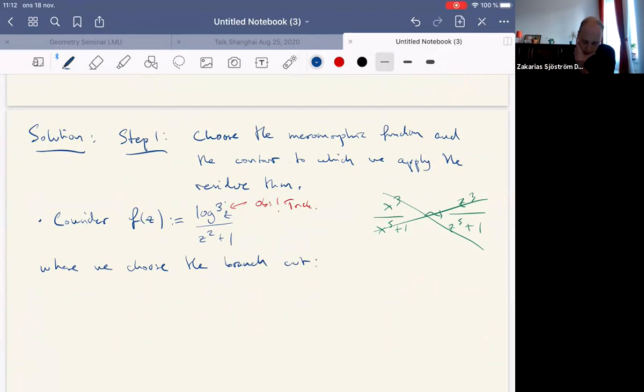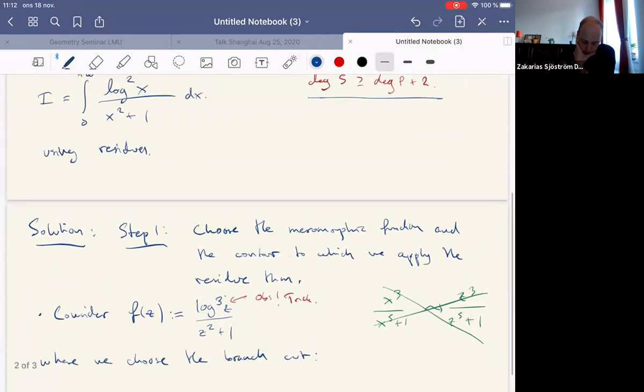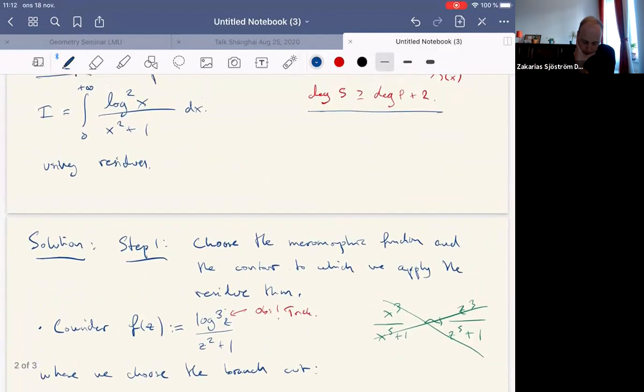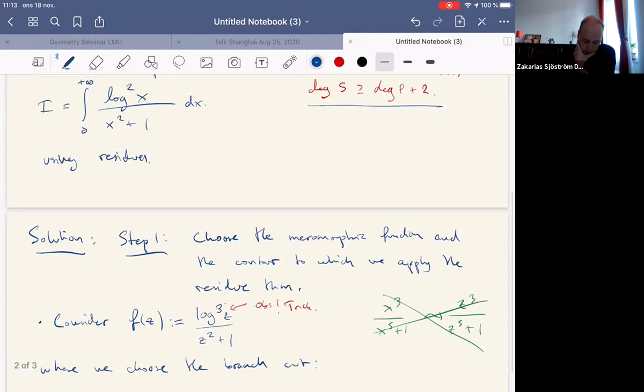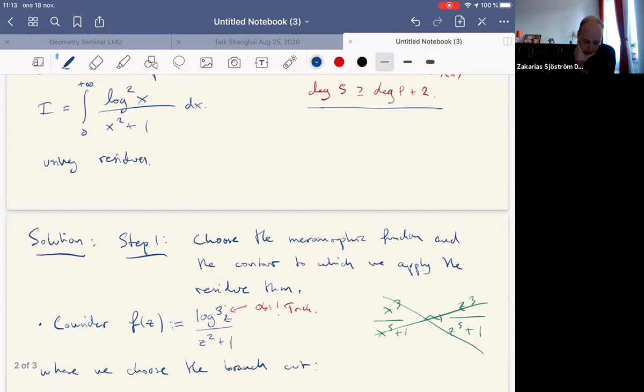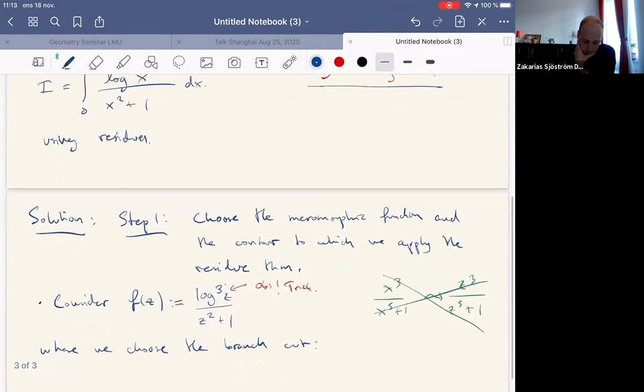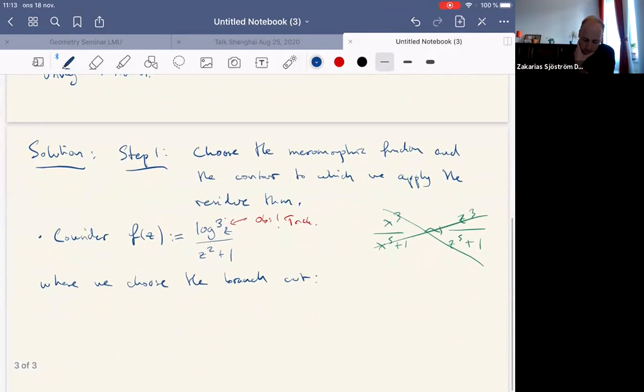Well, we are interested in knowing about this positive real line, so 0 to plus infinity. And so we have to try to approach this somehow. And actually the reason for this, I hope this will become clear as the example goes on. So now I'll just write down what you take. So we choose the branch cut log z.